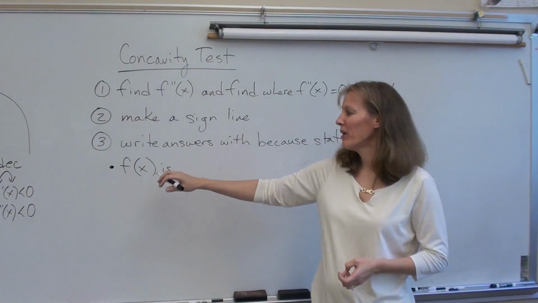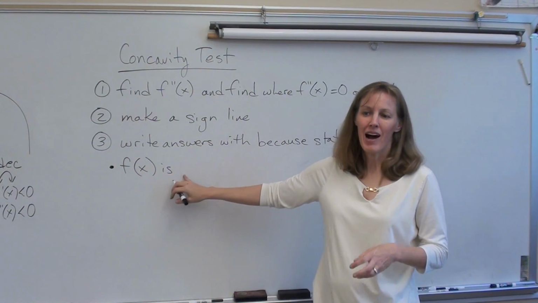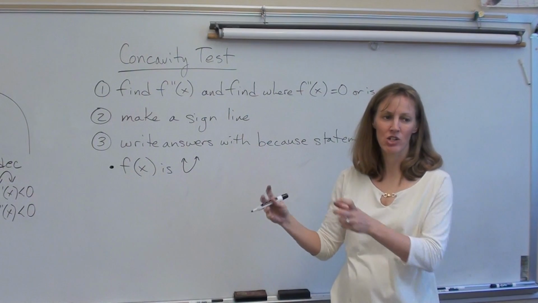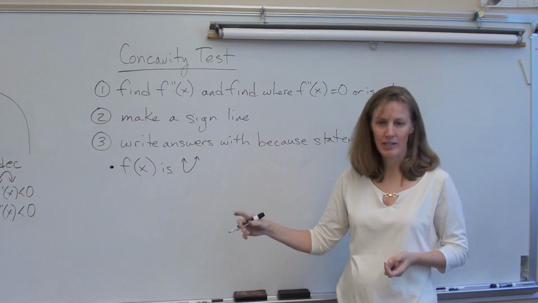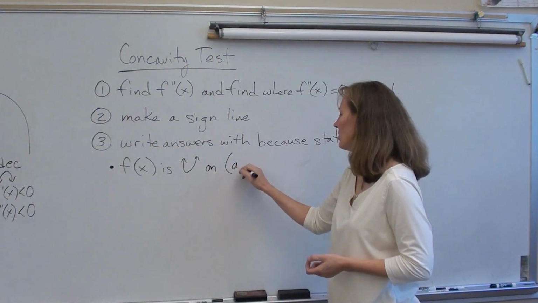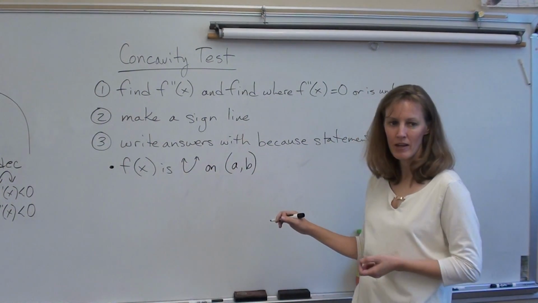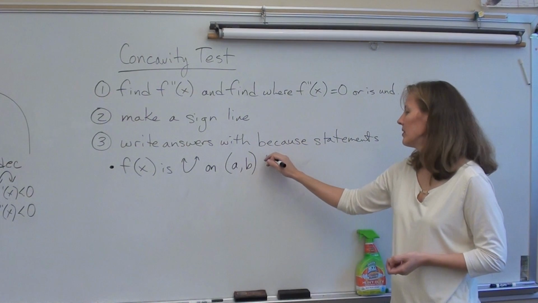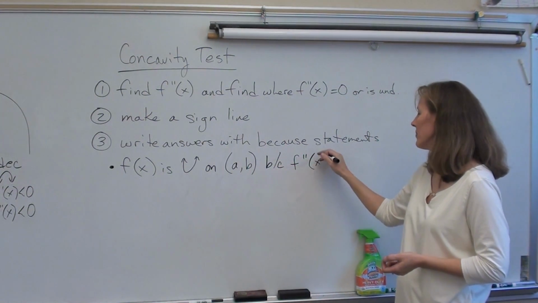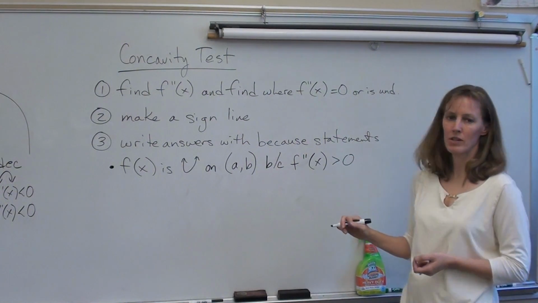Anyway, when I write concave up, I allow you guys to use the symbol, just to save you from having to actually write out the words concave up. So F is concave up on an interval A to B, always open, because F double prime is greater than 0.